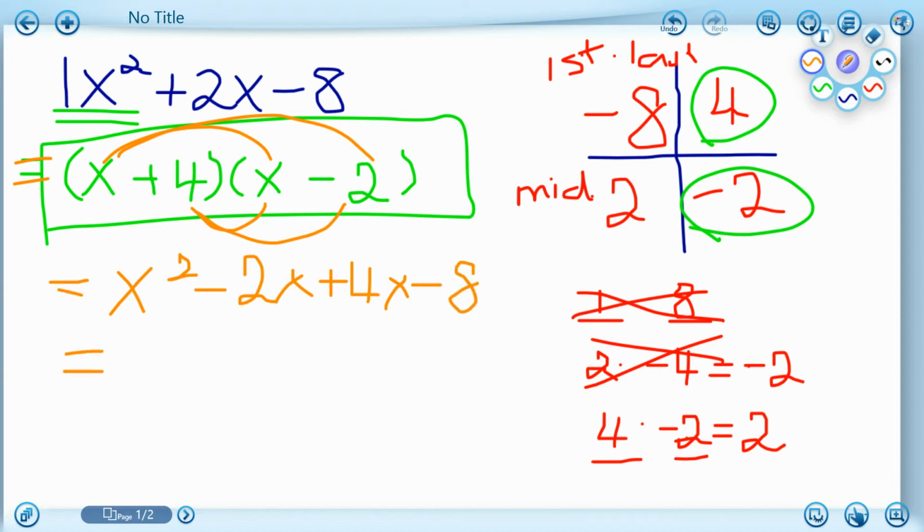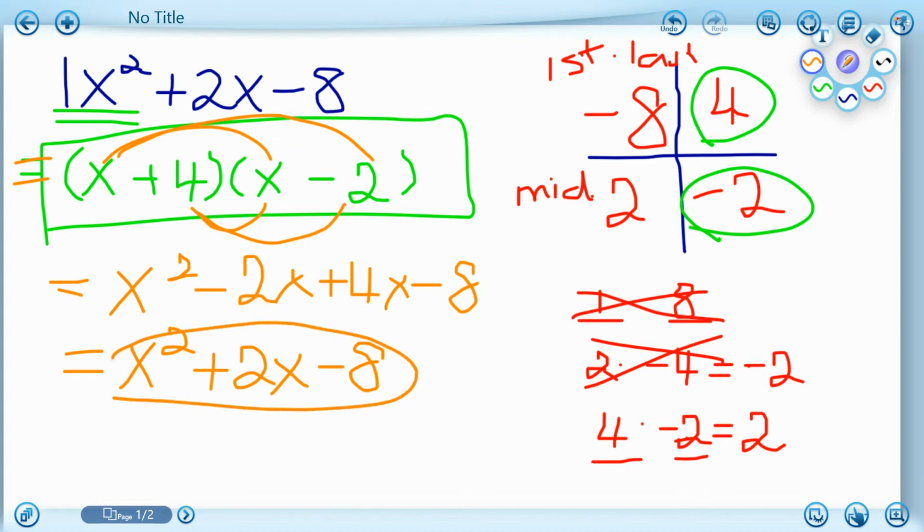If I combine the like terms, I end up with x squared plus 2x minus 8. So we do get the same thing. The factored form is exactly the same thing as the expression we started with. So that was one of the things that we looked at.